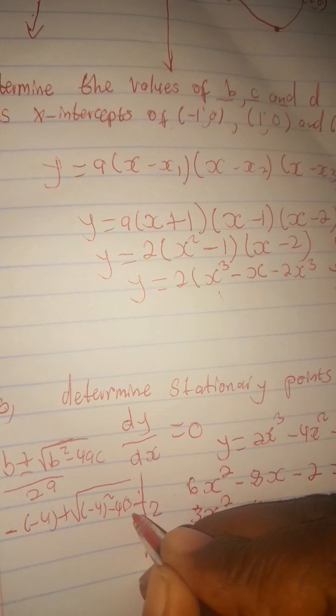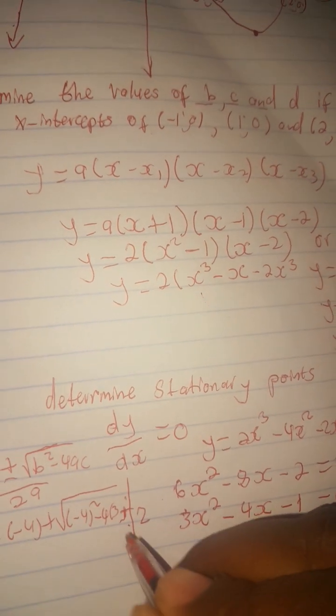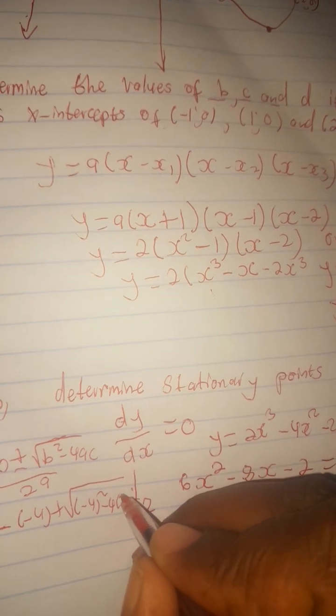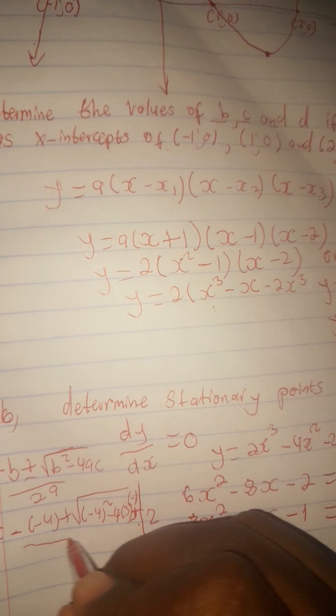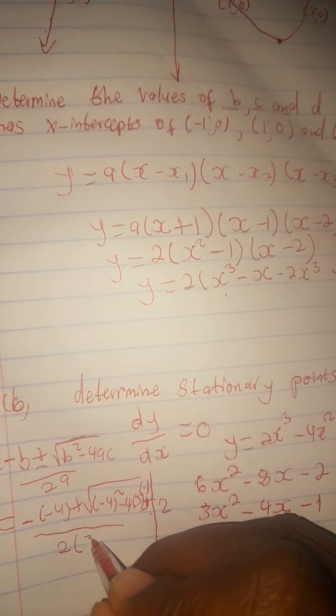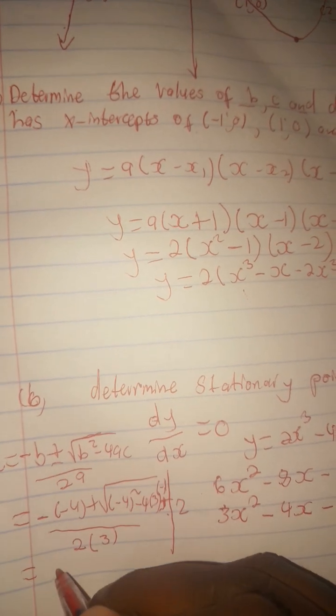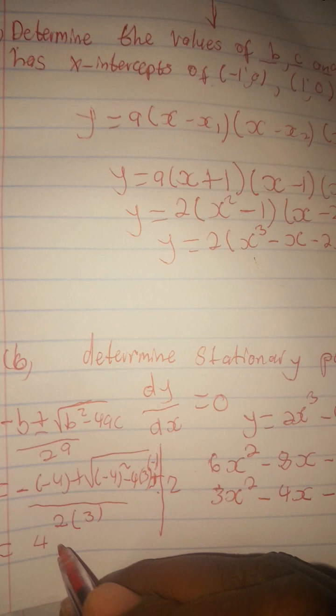Sorry for that, due to space here. Our a is going to be 3, then our c will be minus 1, divided by 3. So negative and negative will be positive. Sorry for that if you don't see well here.